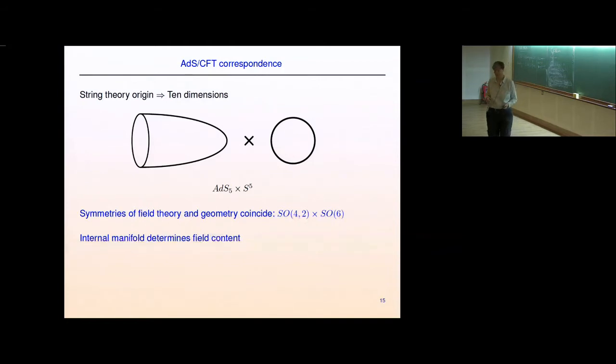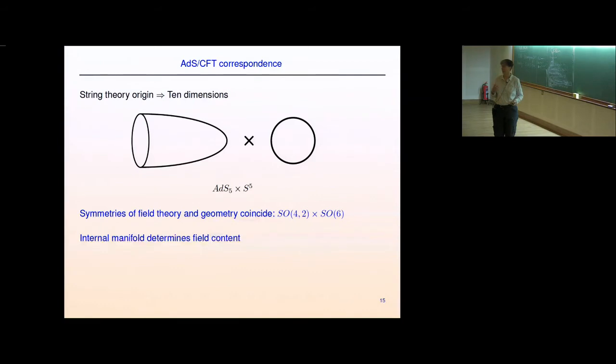So this already brings me to a very important point, which will also show up when I discuss applications to QCD. It's very important to also consider this internal manifold. We have AdS and the boundary, so our quantum field theory is defined here as the boundary. But to really have the full duality, we need this 10-dimensional space. And it's actually the symmetries of this internal manifold which determine the field content of this dual quantum field theory.